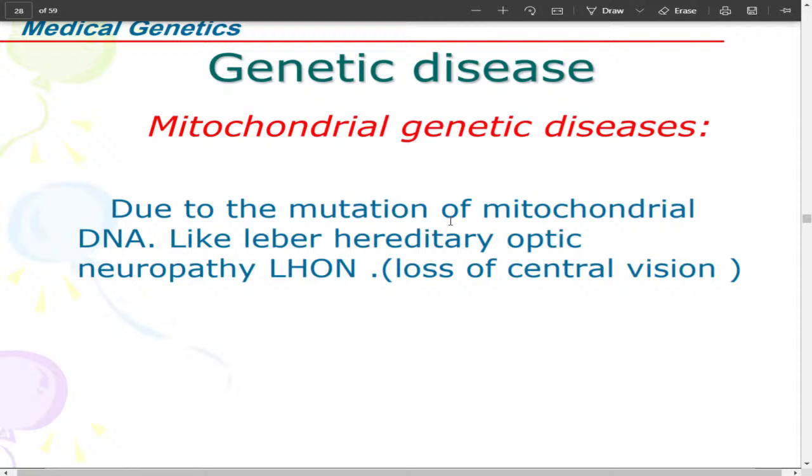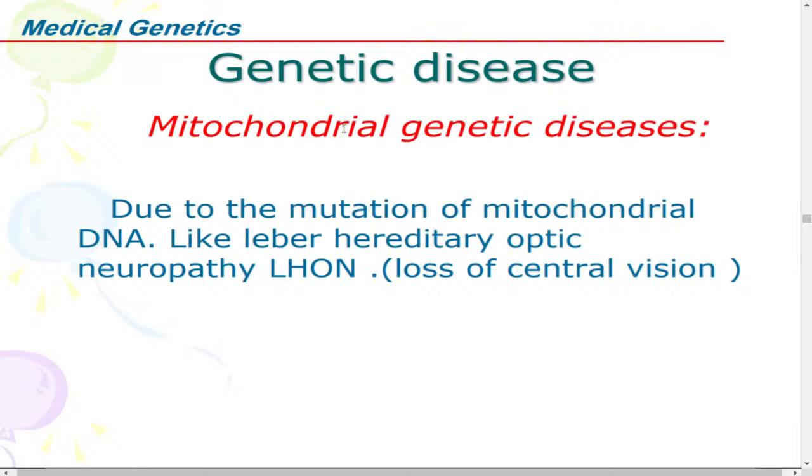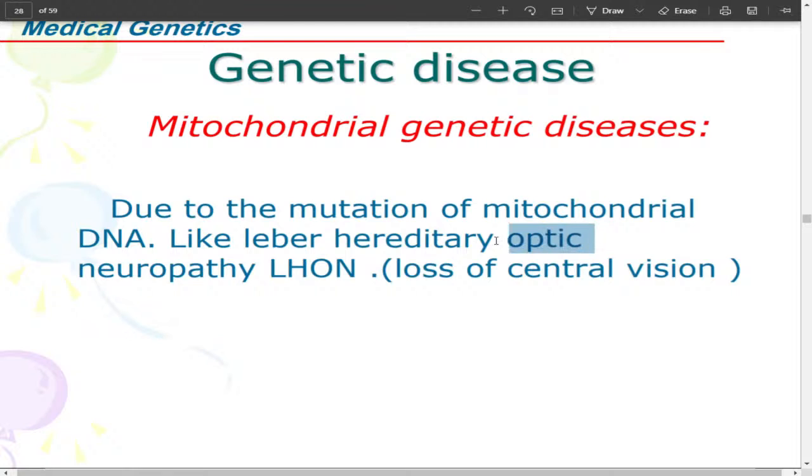Mitochondrial genetic diseases are due to mutation of mitochondrial DNA, like Leber hereditary optic neuropathy, loss of central vision. All are mutations in the mitochondrial DNA. Example: Leber hereditary optic disease.